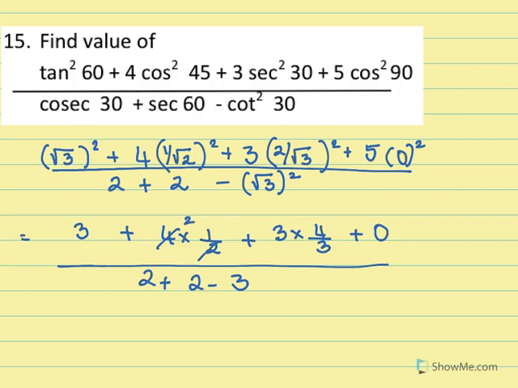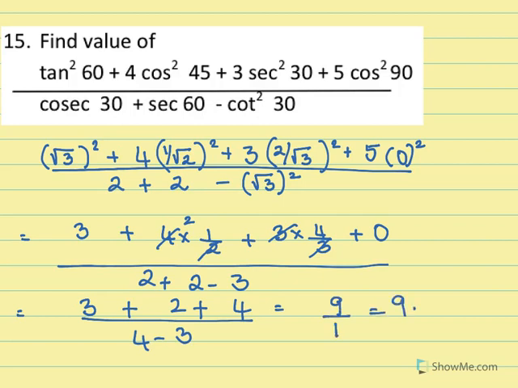So this cancels 2. So you have 3 plus 2 plus 4 over 4 minus 3. And this is 9 over 1. So the answer is 9.